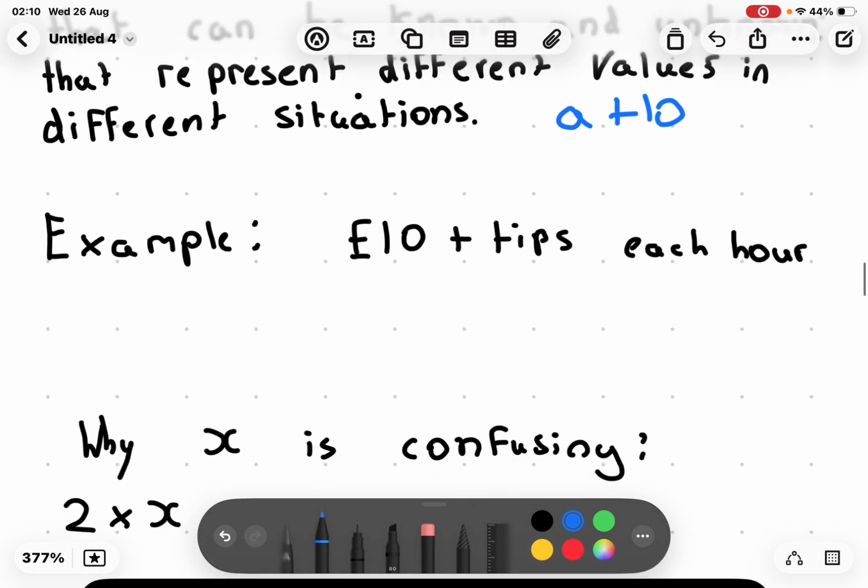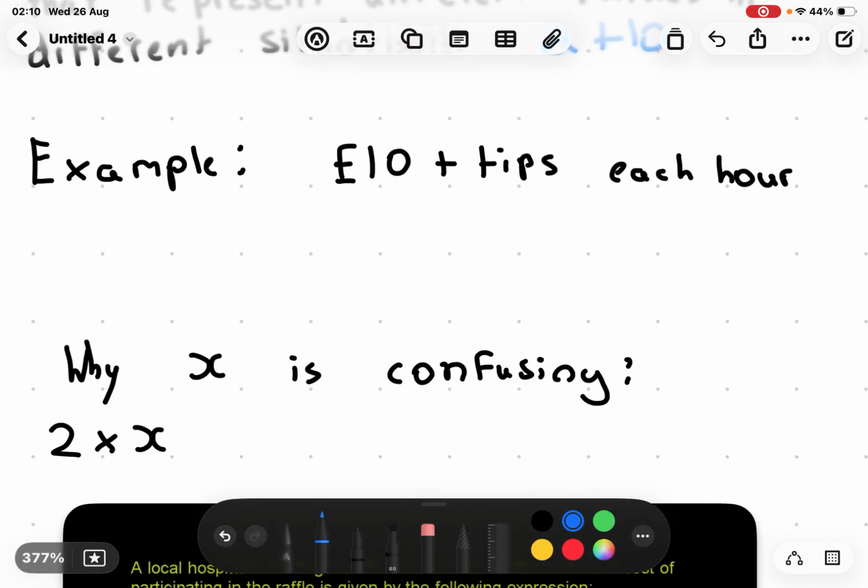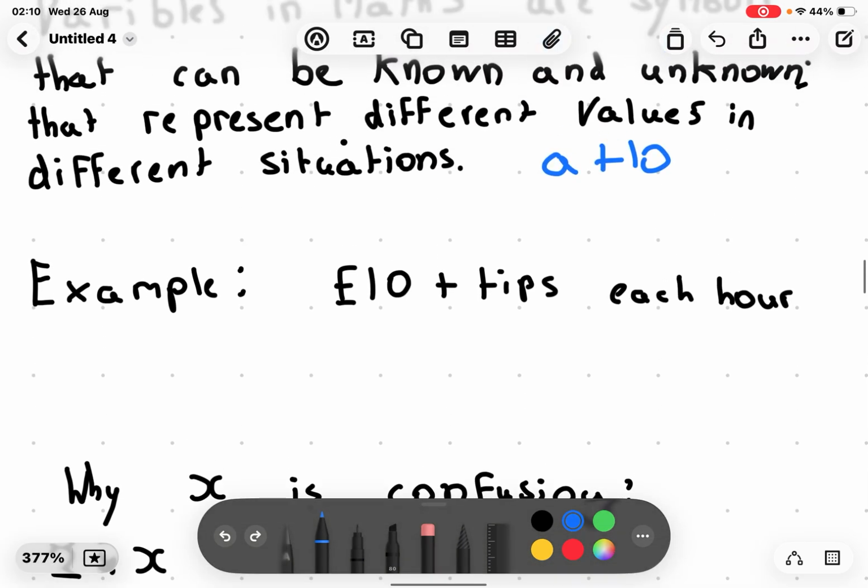As you can see over here, we have a situation where we earn £10 plus tips each hour. So what we technically 100% will get is 10 quid each hour. However, because this is our equation, we don't know the tips we get.